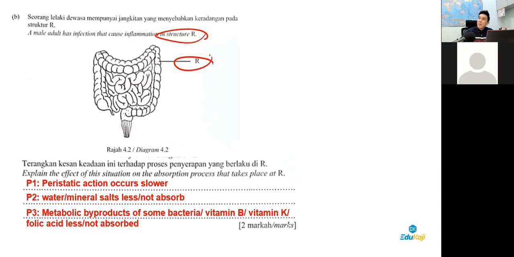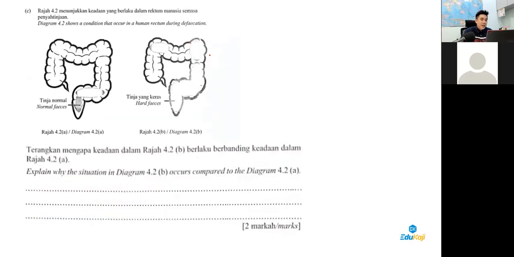The next question, which is C, is from, if I'm not mistaken, MRSM 2017, very memorable. My students keep asking me why I gave such a disgusting question back then. They ask why the situation in 4.2b occurs compared to 4.2a.